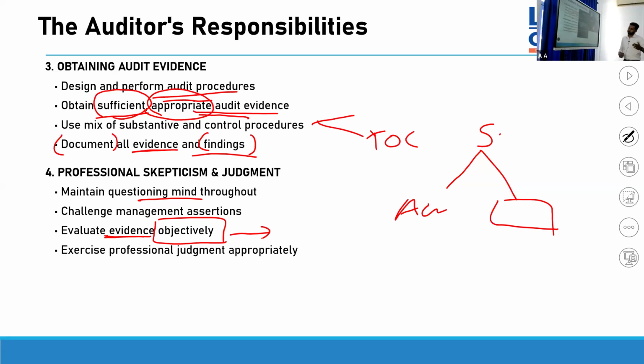When it comes to the test of control, we are just testing the effectiveness of the controls, and whether those controls are effective. Sometimes controls may be there, but they won't be that effective, right? Those things we will learn in the next 2 or 3 chapters. So for the time being, just keep in mind these things. Is that okay?